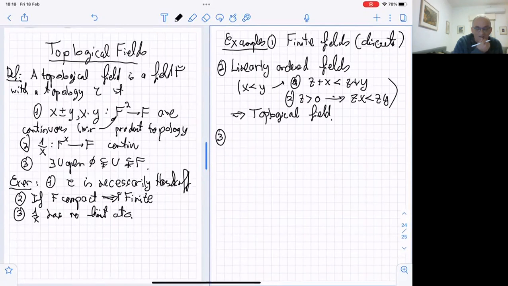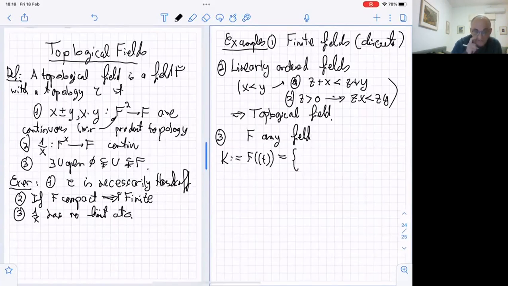Yeah, this is fine. And now if F is any field, doesn't matter, with no topology in it, we can look at the formal power series over F, just power series with taking powers in Z, but Laurent series, so not only power series.